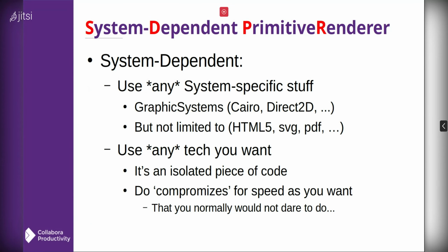You could also do primitive renderers for HTML5, canvas mode, SVG, PDF, whatever. So you can use any tech you want because you are in an isolated piece of code and do compromises for speed as you want. You don't have to, but you could.